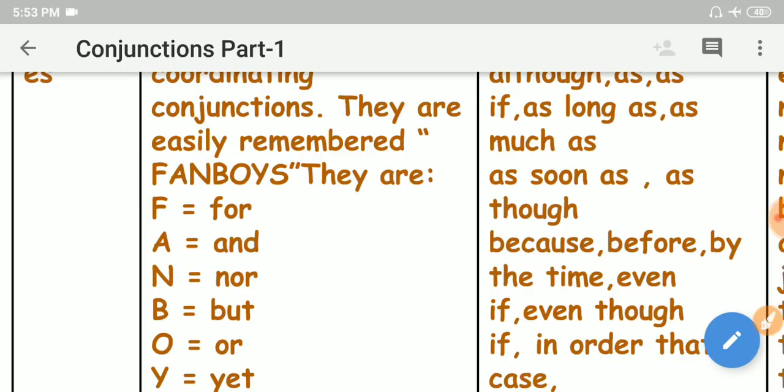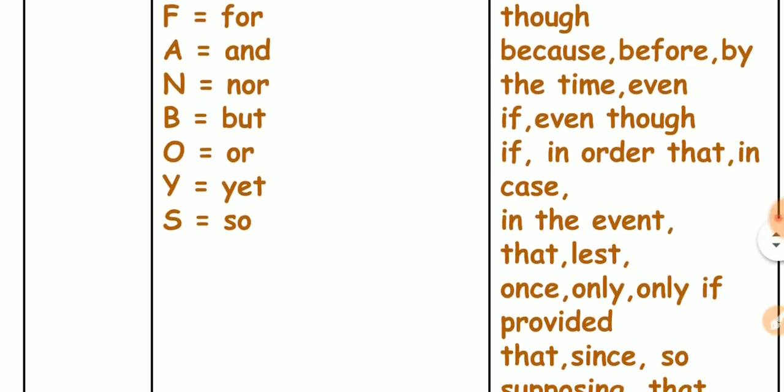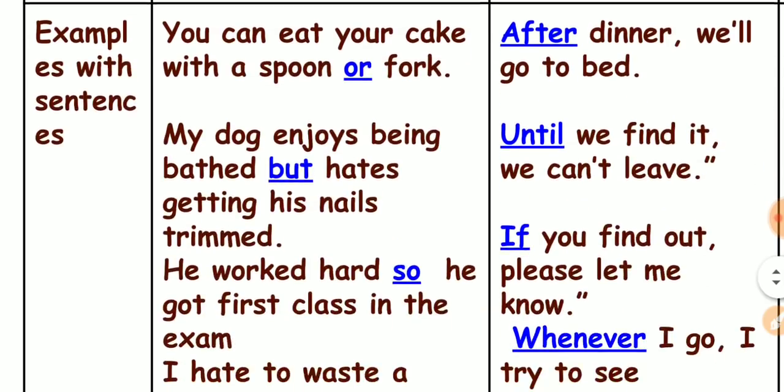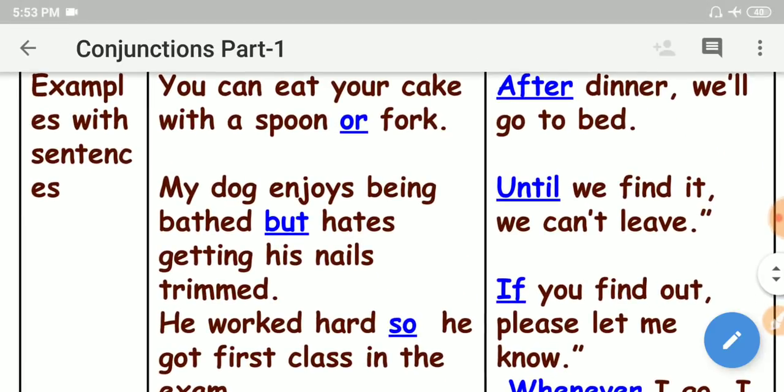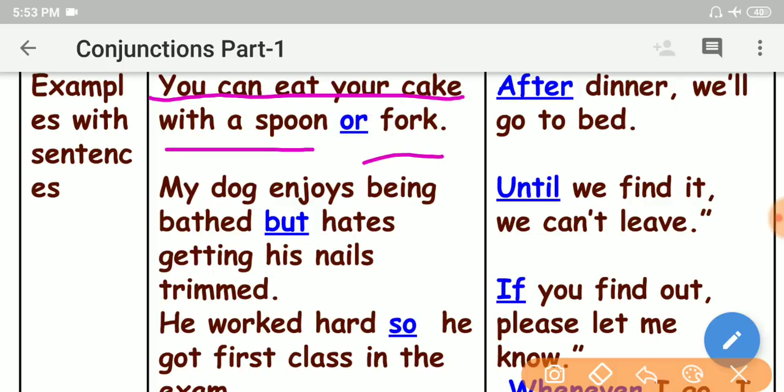Let us go and use these coordinating conjunctions in meaningful sentences first, my dear friends. See here, I am going to use some examples. You can eat a cake with a spoon or a fork.